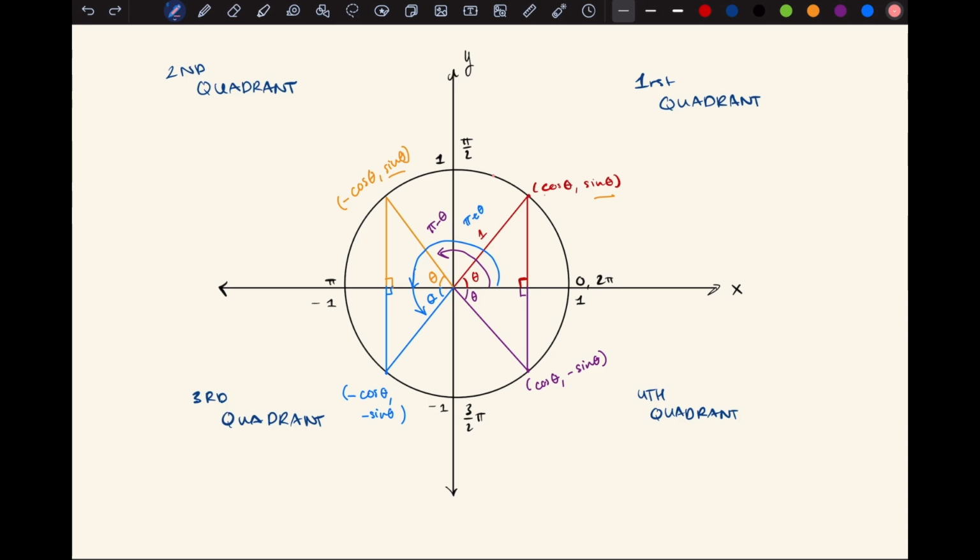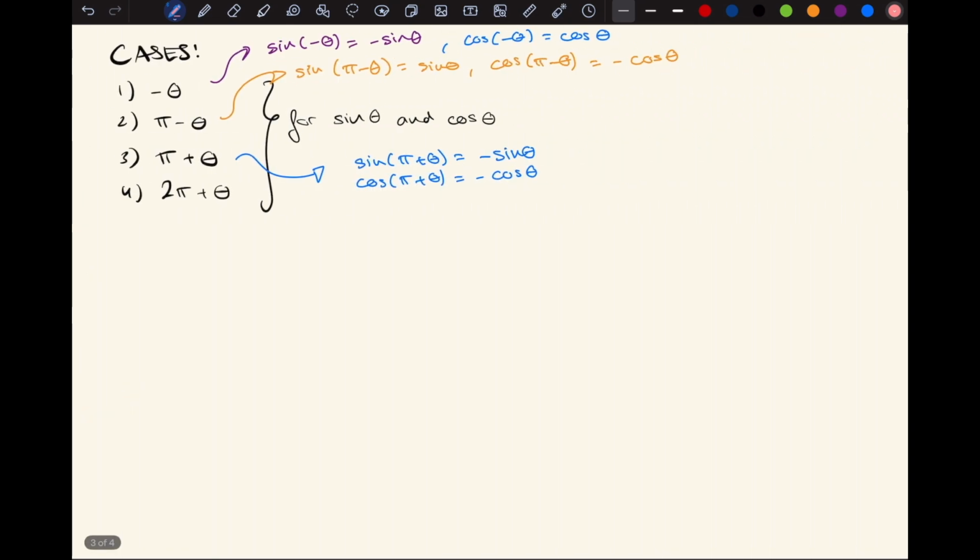So if we are starting off with our original triangle right here, and this is our theta, and we do plus 2 pi or 360 degrees, we'll end up right where we started off. So it's just going to be, again, cos theta, sine theta. So sine of 2 pi plus theta is equal to sine of theta, and cosine of 2 pi plus theta is also equal to cosine of theta. And again, just remember that you're just doing a full rotation and coming back to right where you were.